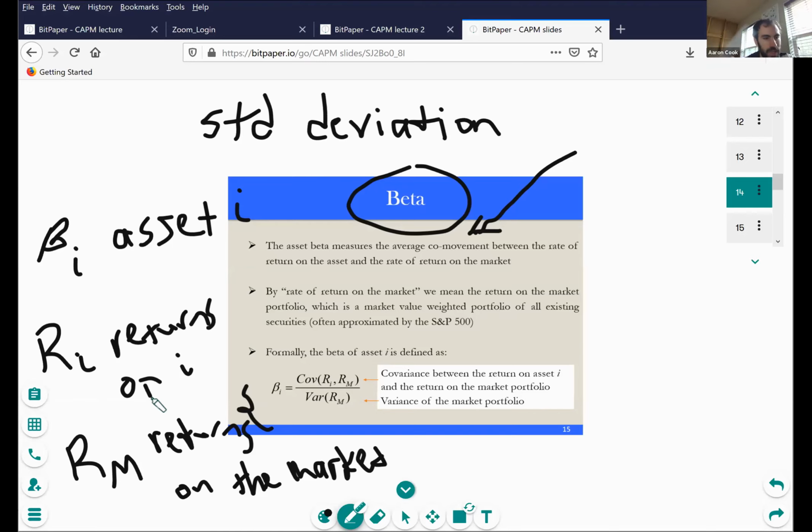Do they move in the same direction, but maybe the asset itself moves in a more exaggerated way in the same direction as the market, or does it move in a muffled way, where it moves in the same direction as the market generally, but in a scaled down fashion? The degree to which the asset is going to move with or against the market is going to represent the extra risk contribution of that portfolio.